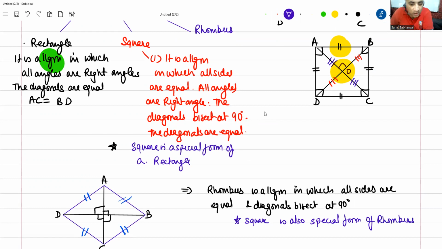Why do we say this? Because it holds all the properties of a rhombus. That's why all sides are equal and diagonals bisect at 90 degrees. I hope these points are clear.